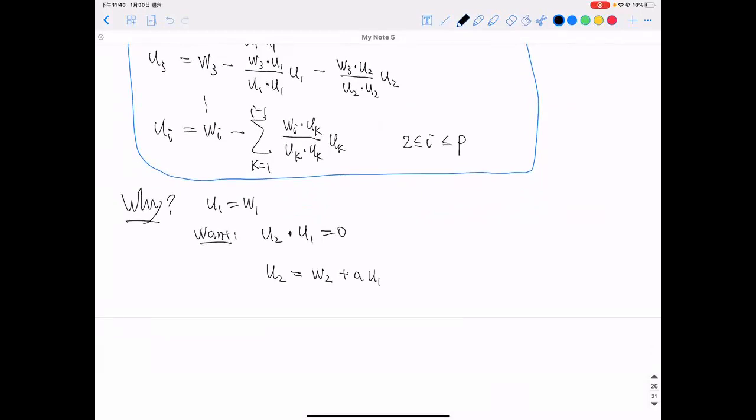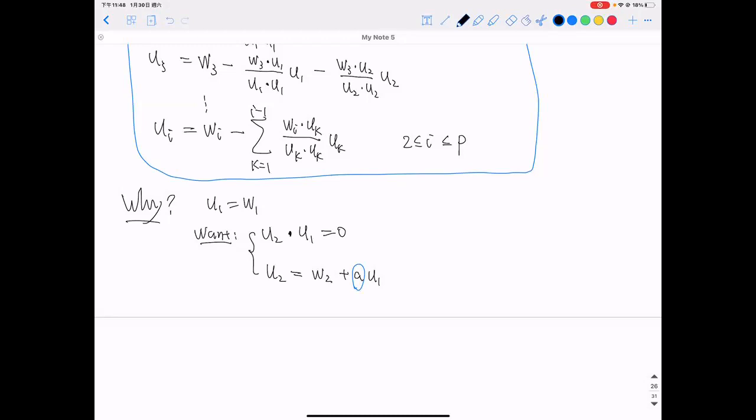Okay. But if these two things are imposed at the same time, you know how to determine this A here, right? Because you want U2 to take this form, W2 plus a multiple A times U1, and then you want U2 dot U1 to equal 0.